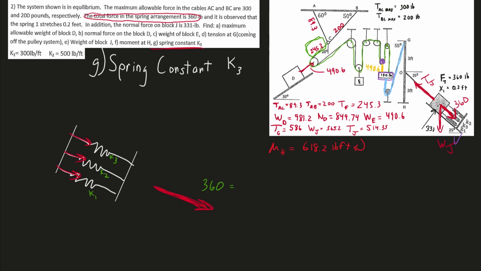So that is the sum of the force in spring 1, spring 2, and spring 3. I, of course, can write in Hooke's law for each one of these forces. And let's substitute in the stuff we know. K1, that's 300.